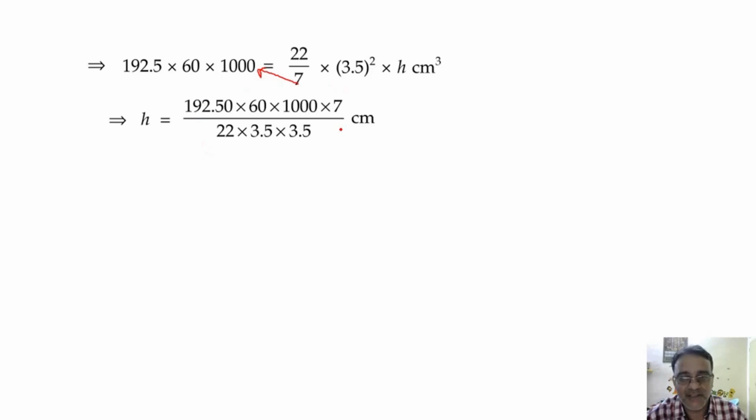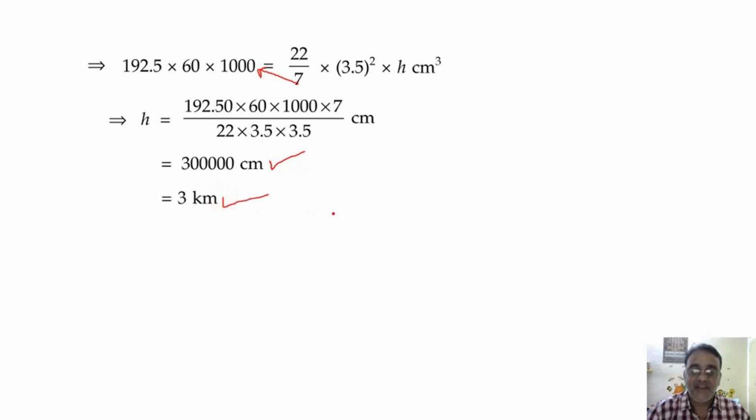If you solve all this, we'll get 3 lakh centimeter. Convert to kilometer. Divide by 1 lakh. Yes, by 1 lakh. So 3 kilometer. So this is the length of water flows in 1 hour. So what is the rate of flow through pipe? 3 kilometers per hour. Very good.